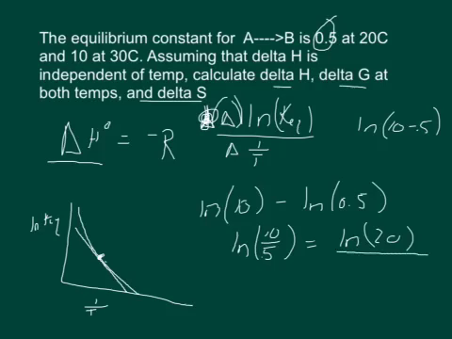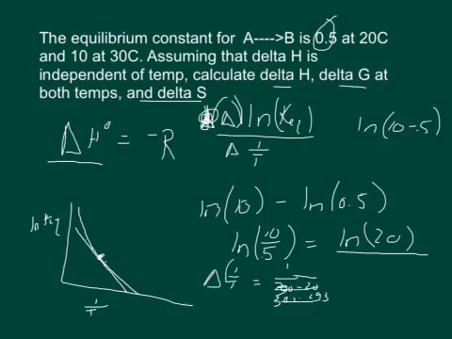Now the change of 1 over T. Here's the mistake you're going to make with this. Somebody's going to say the change of 1 over T is 1 over 30 minus 20, so they're going to think it's 1 over 10. That is not the case. Or you may have converted to Kelvin, which you need to do, but then said 1 over 303 minus 293, which is still 1 over 10, and that's not the case either.